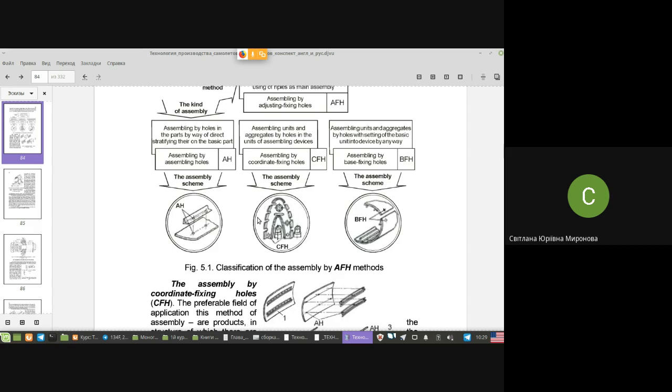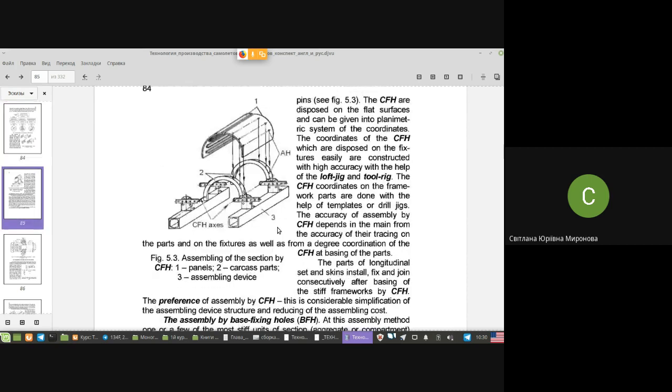When it comes to base hole and CFH holes, the difference is significant because it comes to locating of an assembly component, whether it's a part or an assembly unit. Look, here you have a part picture, here is the part picture also, which is located, seems like it's one part, yes?